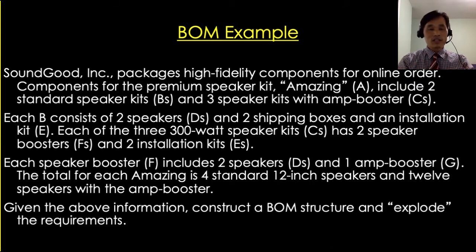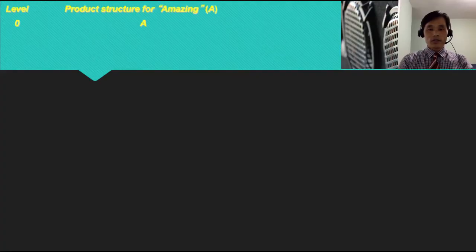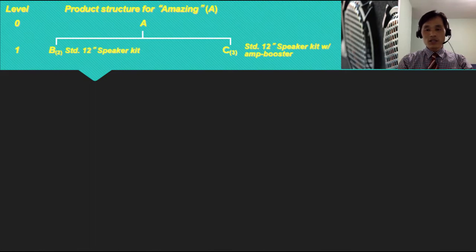So if you have this kind of information, you want to draw a bill of materials step by step and find out what's going into it. So let's draw it together. If you explode the product structure, it will look like this. The immediate level under Awesome Speaker A is parts B and C. Notice that one Awesome Speaker requires 2 Bs and 3 Cs.